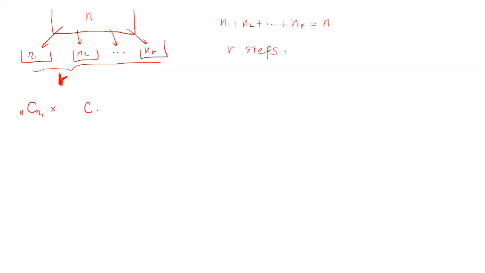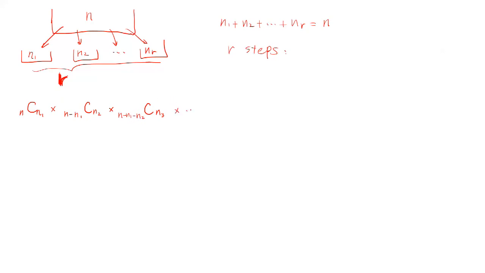The second step is to choose n2 from the remaining n minus n1 elements, so this is the number of ways we can complete the second step. Because we're going to use the rule of product, we need to multiply these numbers together, right? For the third step, we need to choose n3 out of n minus n1 minus n2.